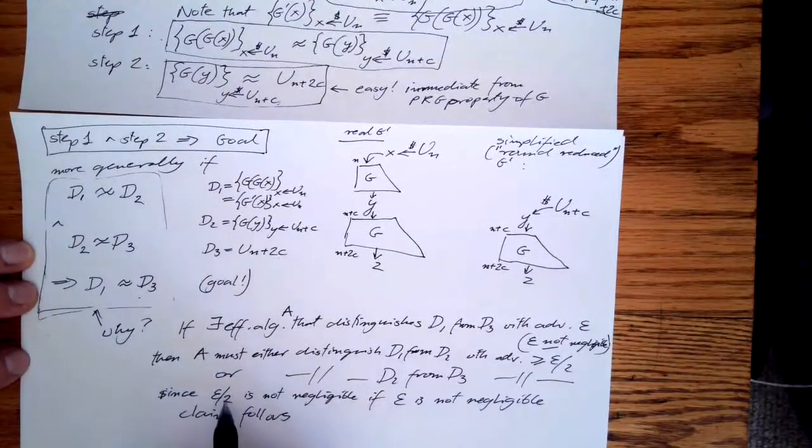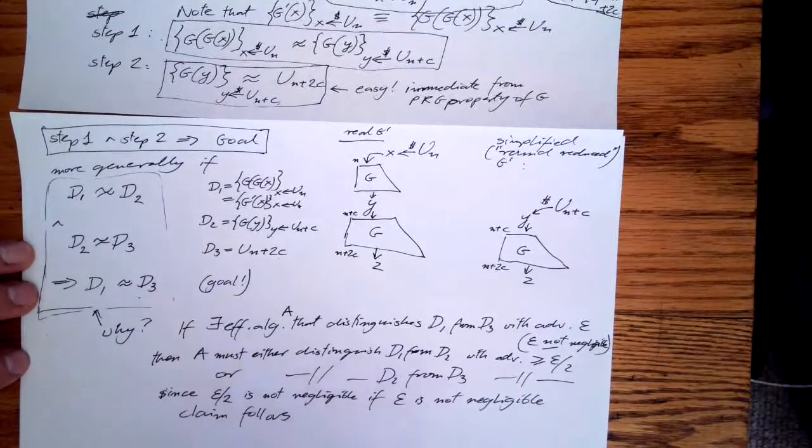This is exactly like in the homework. In the homework, you're asked: if you have a negligible function and you multiply it by any constant, you also get a negligible function. So basically multiplying functions by constants keeps you in the same class. If you were negligible, after multiplying by a constant, you remain negligible. If you are not negligible, then multiplying by a constant keeps you not negligible, because you're just a constant away. So you cannot move between these two classes.